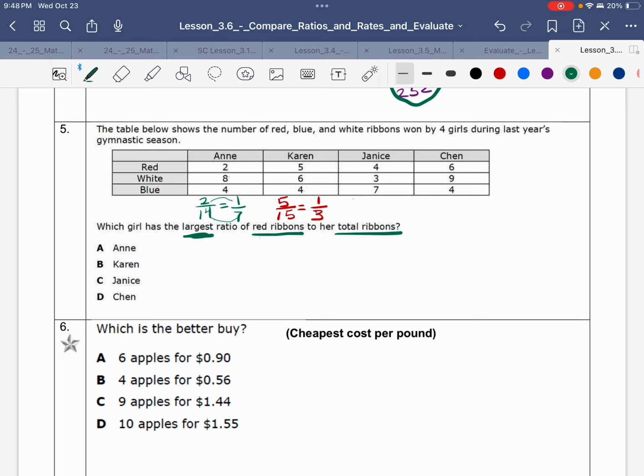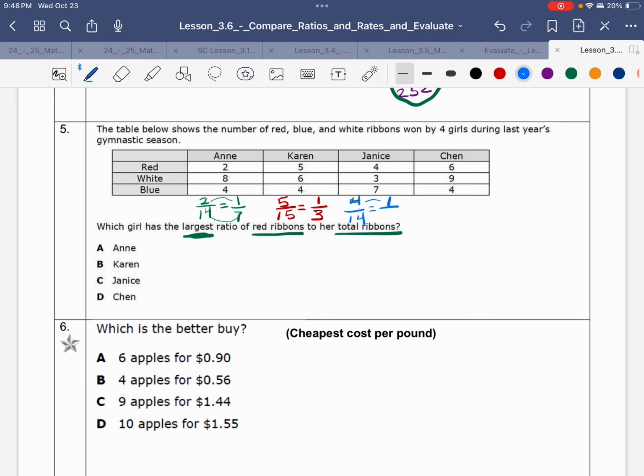Red ribbons is 4. A little different color. 4, 2, 10, 14. Right? So now, to get this to 1, divided by 4. You can't really divide that by 4.